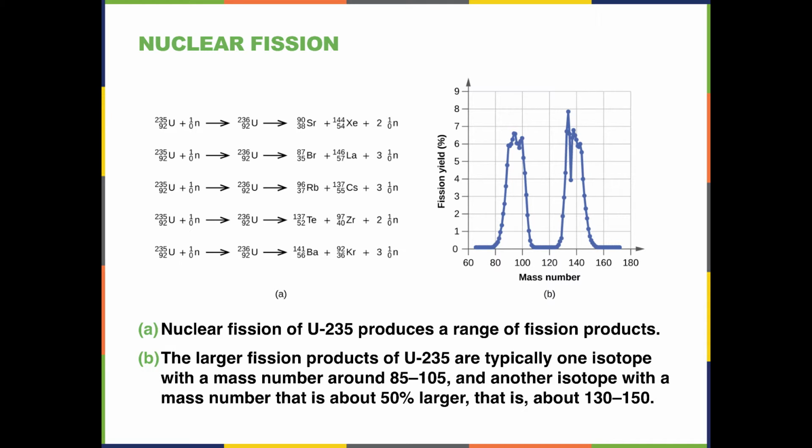The larger fission products of U-235 are typically one isotope that's massed around 85, which is shown on the first peak on the right, and then another isotope which is about 50% larger, which is the second peak. The first peak represents the krypton, and the second peak represents the barium. So these two peaks tell you that the bottom reaction of the 5 shown is the most common reaction that occurs.